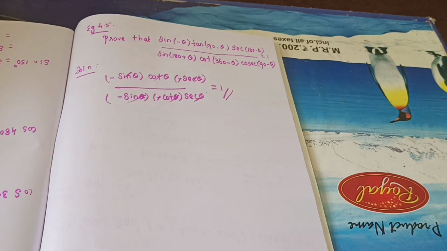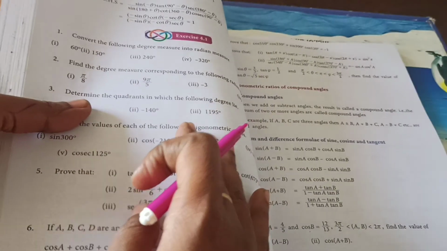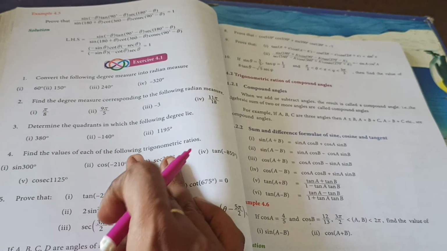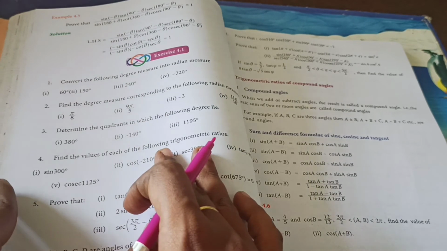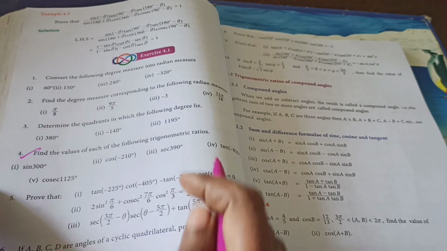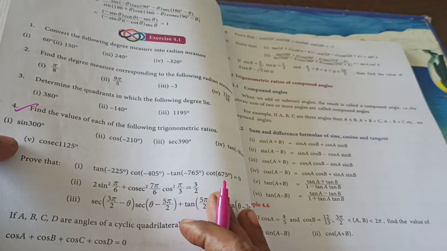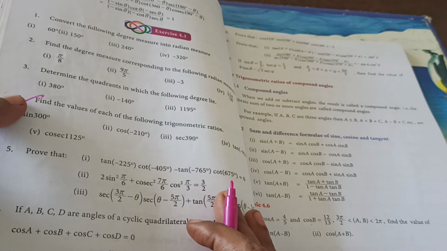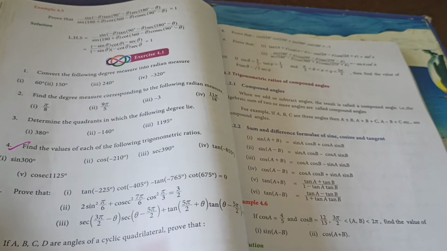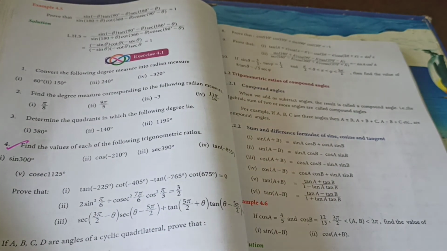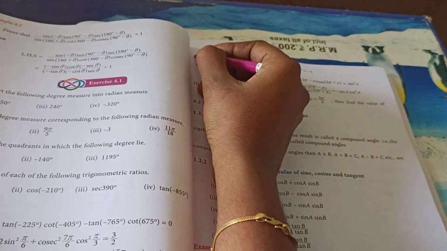Now I am giving the homework for you. Take down the homework, students, first. Your homework is this problem. The fourth problem is your homework. We did one example today, so problem number 4 is your homework. Problem number 8 is your homework.